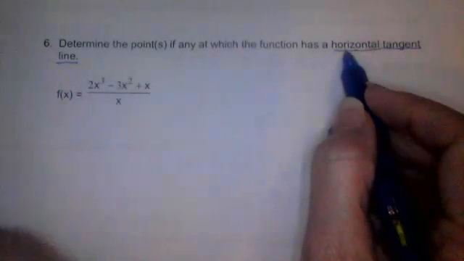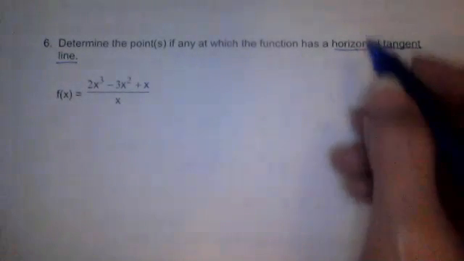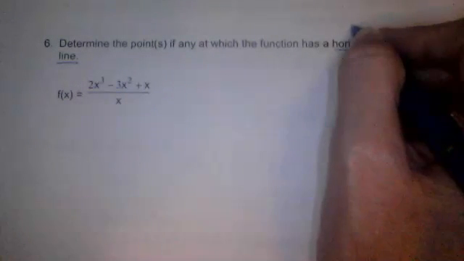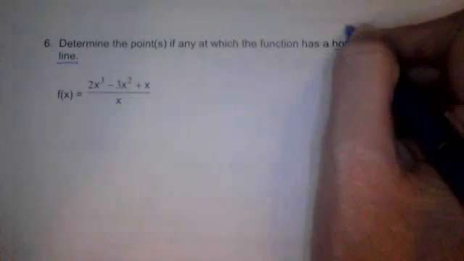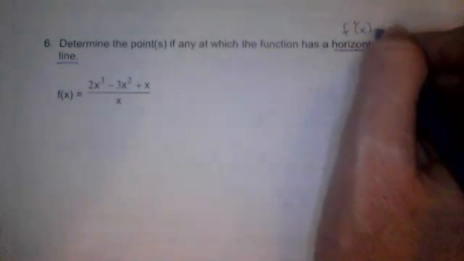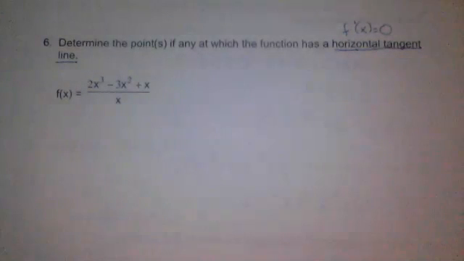The slope of our derivative is 0. So this is just saying, is there a place where the derivative is 0? And this is going to come up a lot from now until the end of the year. So when you see things like that, you've got to be able to interpret what they mean. So let that sink in for a minute.